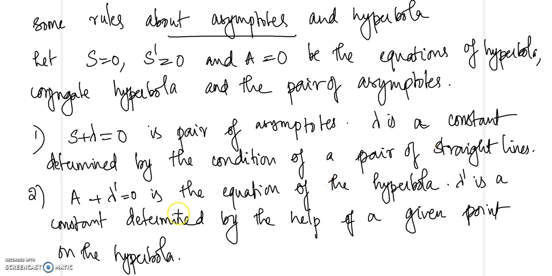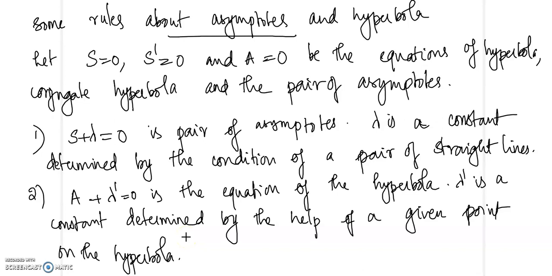And similarly, in the same way, just as S plus lambda equal to 0 gives us the asymptotes, when you take A plus lambda dash for some constant lambda dash, that will give the equation of the hyperbola. So the asymptote and hyperbola again differ by a constant. Now the value of lambda dash can be obtained if you know a point on the hyperbola.